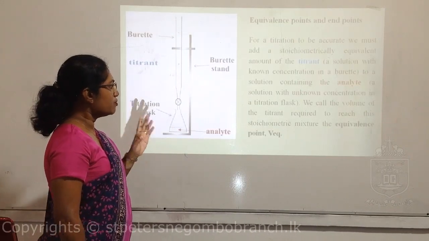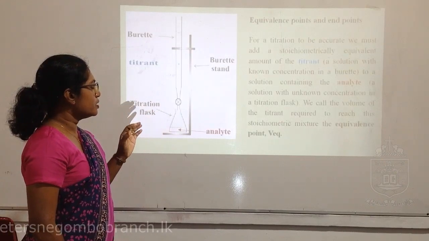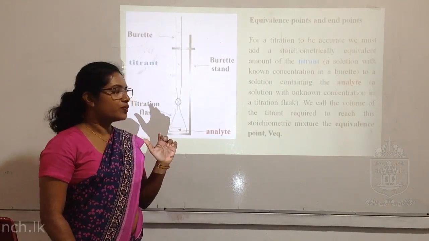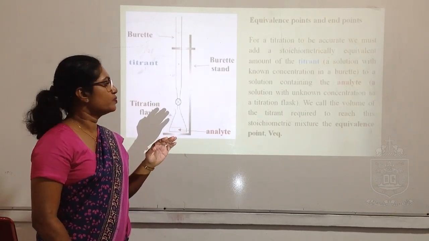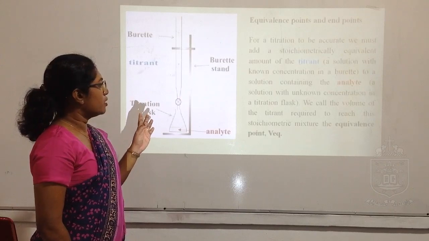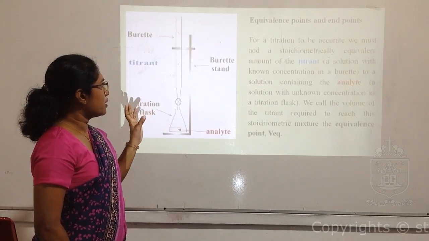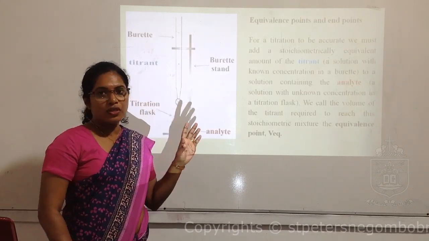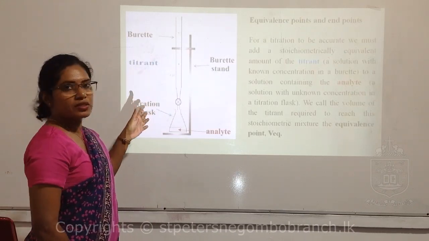Then the volume of the titrant required to reach this stoichiometric mixture we call the equivalence point volume. So when we do a titration, we have to measure the volume of the titrant.